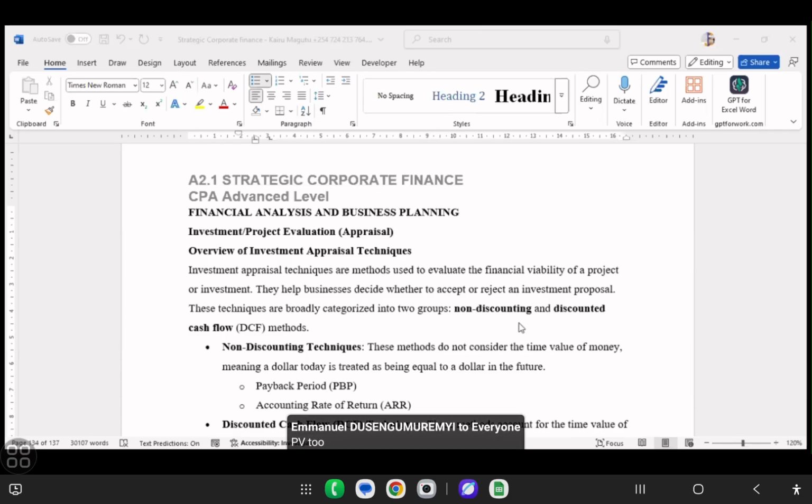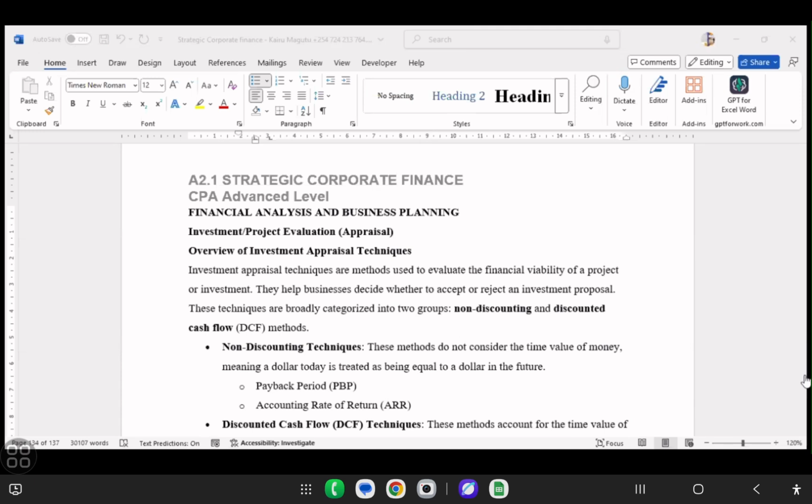No, capital rationing is not an appraisal technique. I can see someone has written MIRR. MIRR is modified internal rate of return. Someone has written PV. No, there is no evaluation technique called PV.